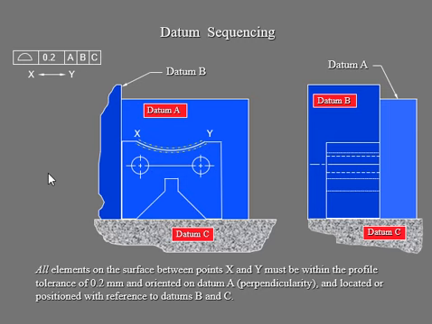So make sure you understand the location of that, because all of the elements on the surface are oriented on these datums. One is a datum A. We can see the perpendicularity of that, and then your datum B and C is positioned with reference to that.